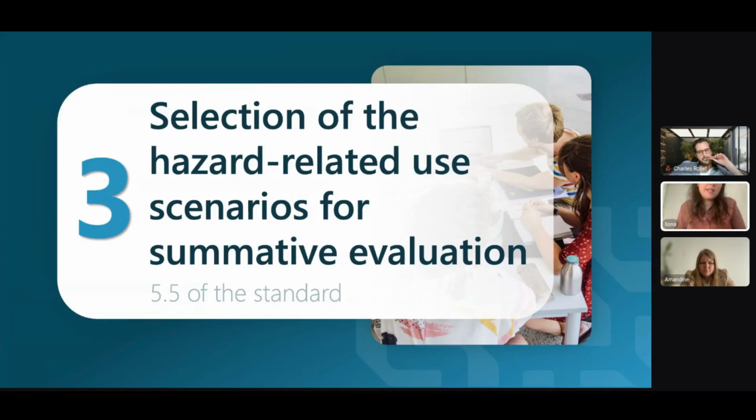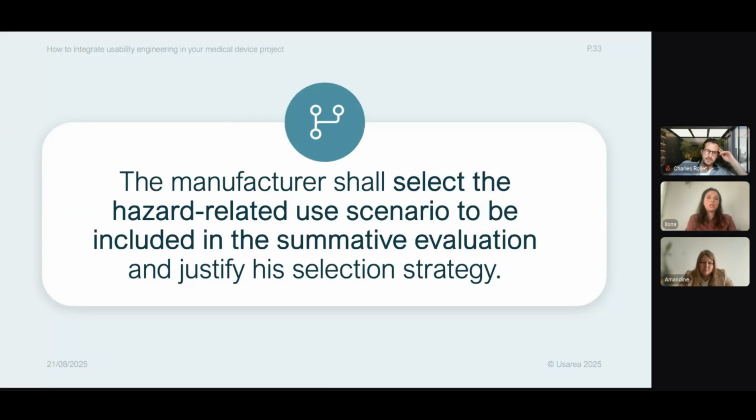The third step is the selection of the hazard-related use scenarios that we talked about before for the summative evaluation. So the manufacturer should select the hazard-related use scenarios to be included in the summative evaluation and justify its selection strategy. Because you can choose all the scenarios, but you can also decide to select scenarios based on the severity of potential harm, or if there is a specific circumstance.